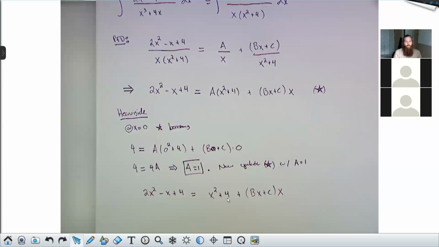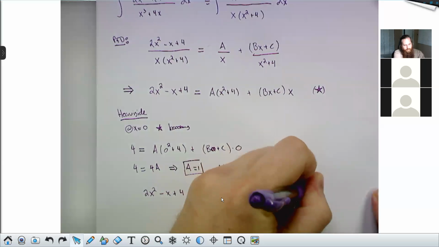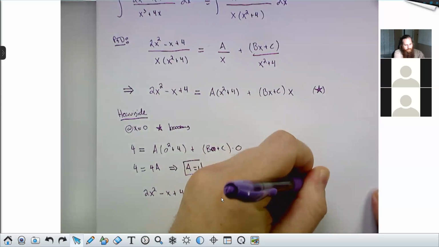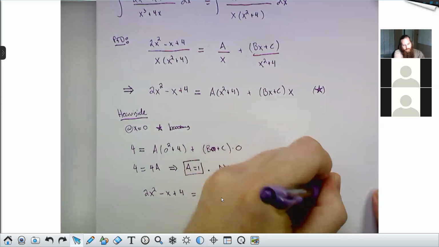Now, unfortunately here, there's more than one variable remaining. There's more than one coefficient that I'm solving for that's left, both b and c. So even going in here and plugging in some other random number to try and solve for the remaining guys won't work. So we still have to do some linear system work. Oh, I should call this 2-star.